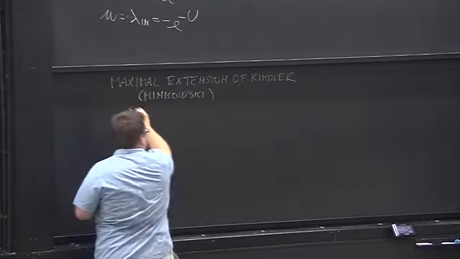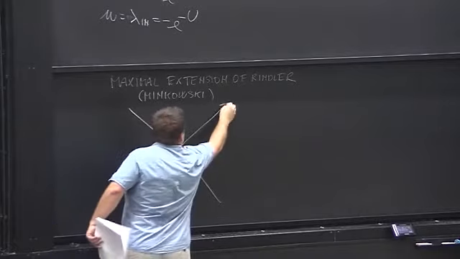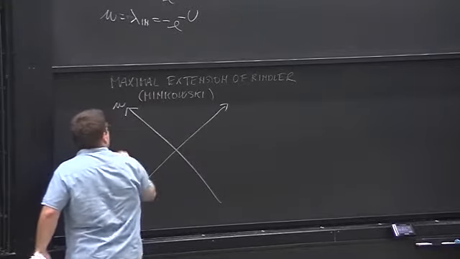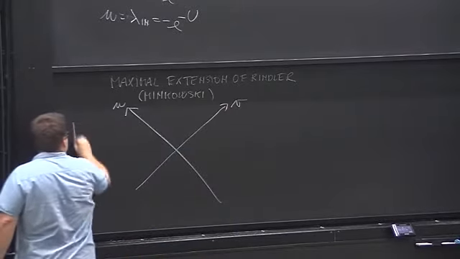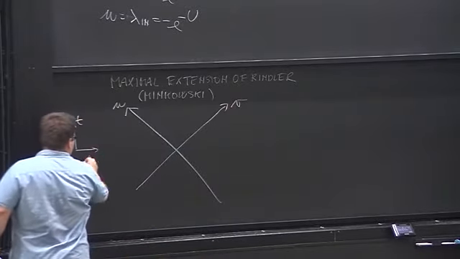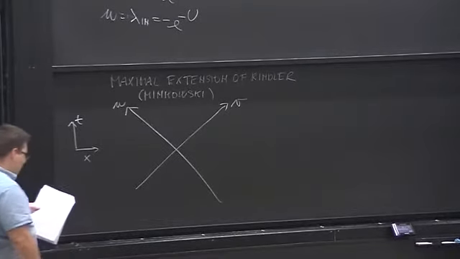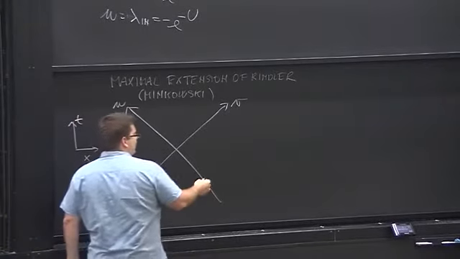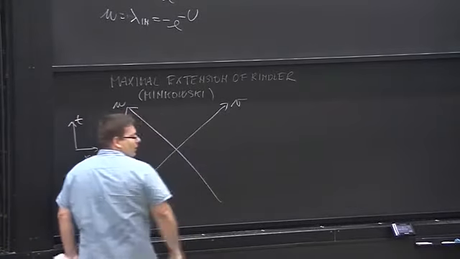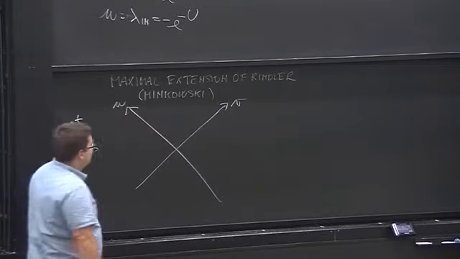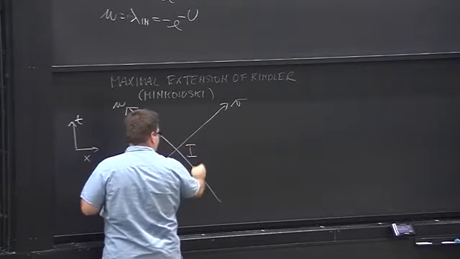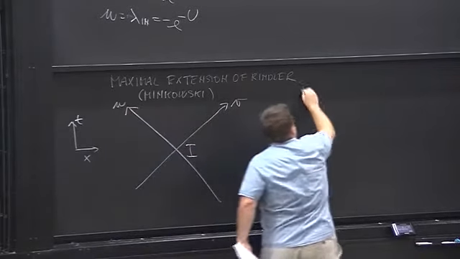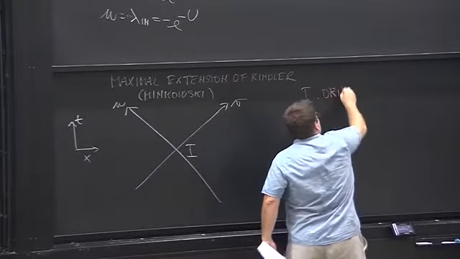Here this is my coordinate u, this is my coordinate small v, or this is my coordinate t, and this is my coordinate x. The region which I had previously covered by my Rindler coordinates is just this region 1, the original Rindler.